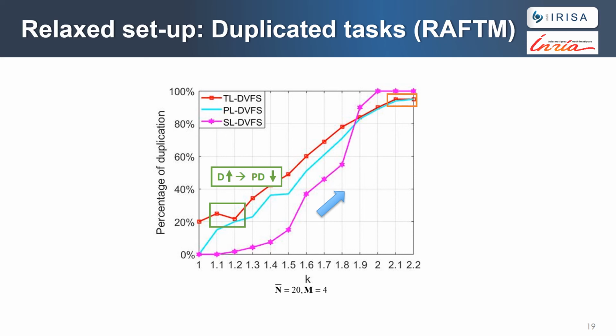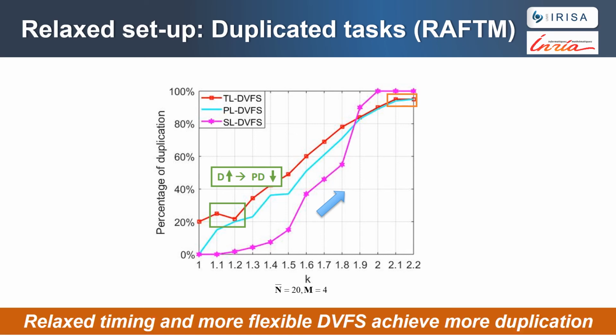But with system level DVFS, the same frequency is assigned to duplicate all tasks. As a result, duplication does not provide benefits even if a time slot exists.